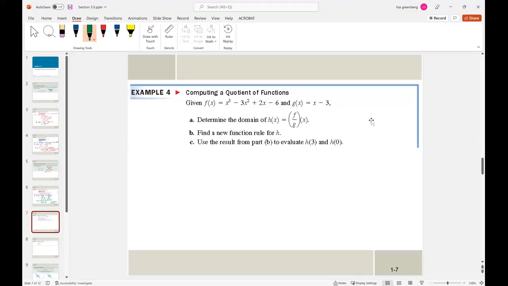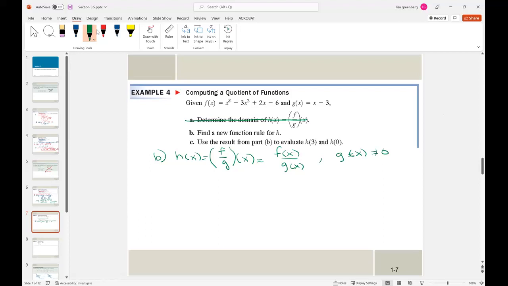And then when we do division, again, we're not going to determine the domain, so we're going to leave this out. But since it's division, I'll just call the new function h of x. So here we say h of x is equal to f divided by g of x, which is equal to f of x over g of x, as long as g of x does not equal 0.